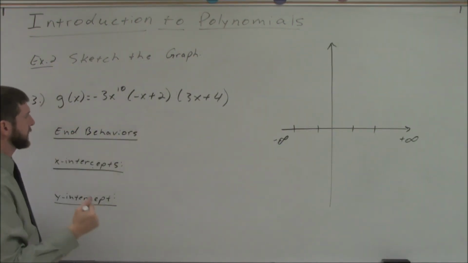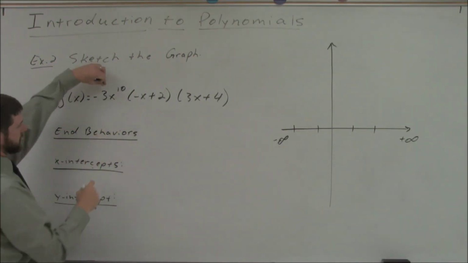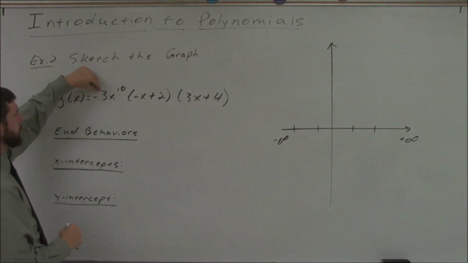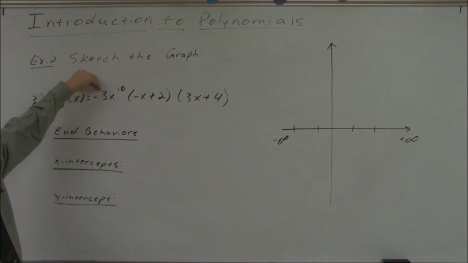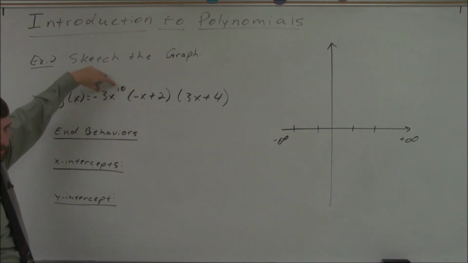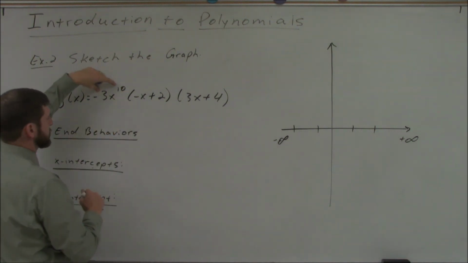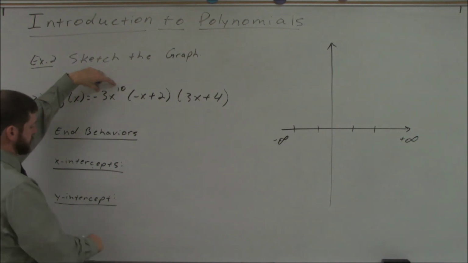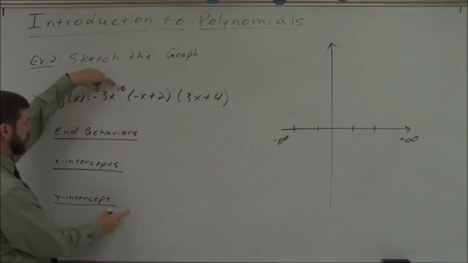So let's go through again. End behaviors. End behaviors come from taking our first term in each expression here. So this one's a little bit tricky to see, but you can just take this whole monomial. That is your first term in this first expression. We'll look at it in a little different manner in a second when we get ready to do the y-intercepts.